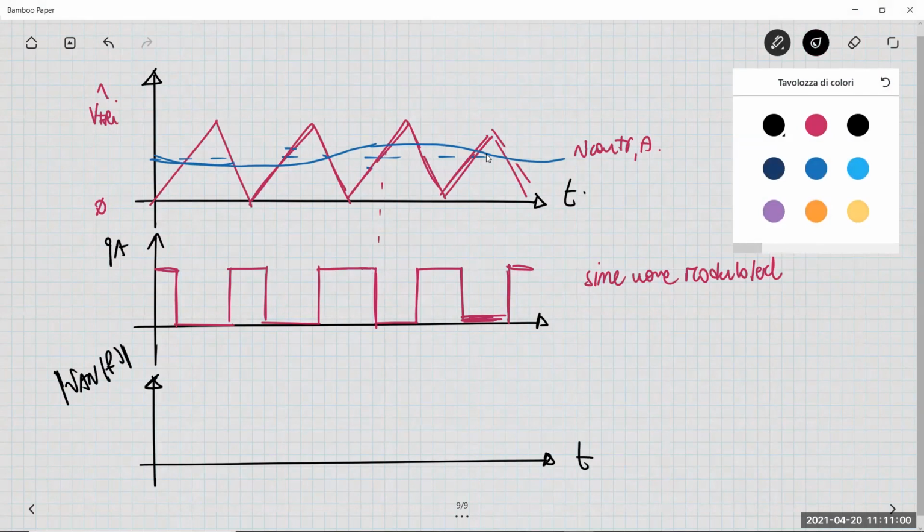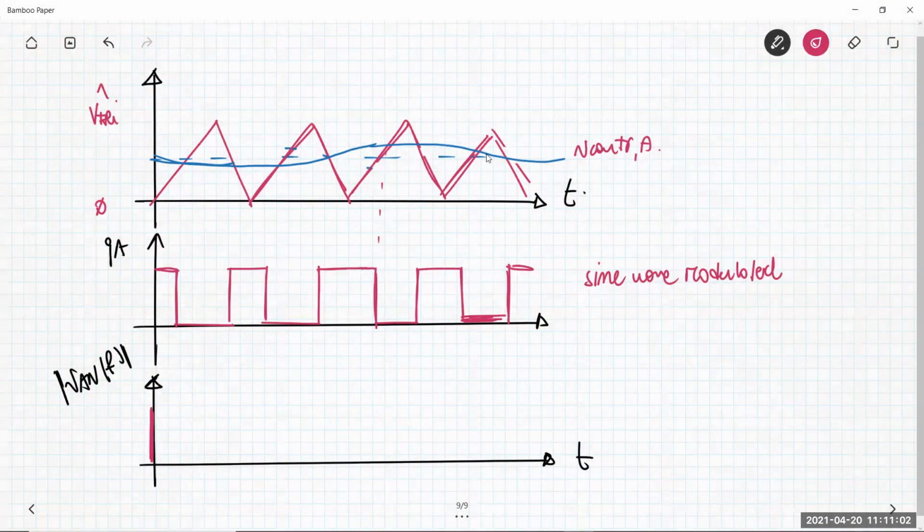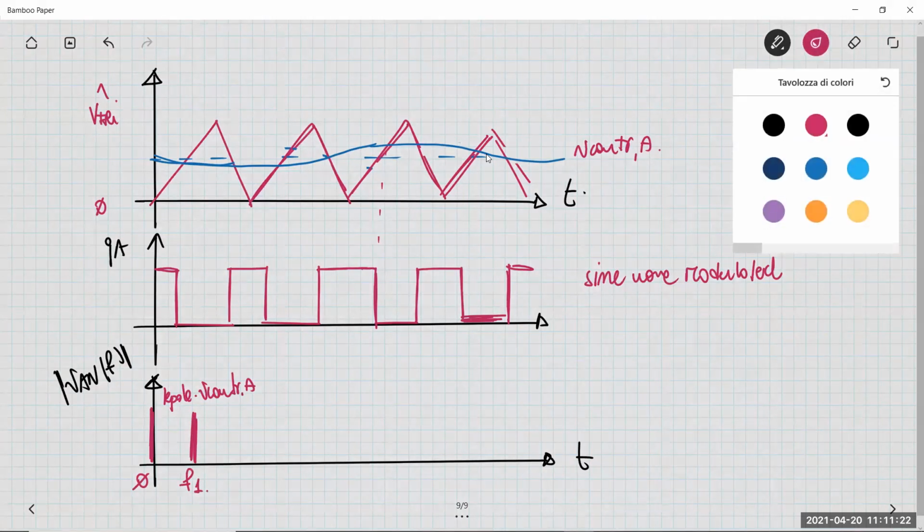The frequency components: DC value, okay, DC value is K pole multiplied by V control. Then you can have F1. F1 is, let's say, the frequency of the modulation, of the control signal.